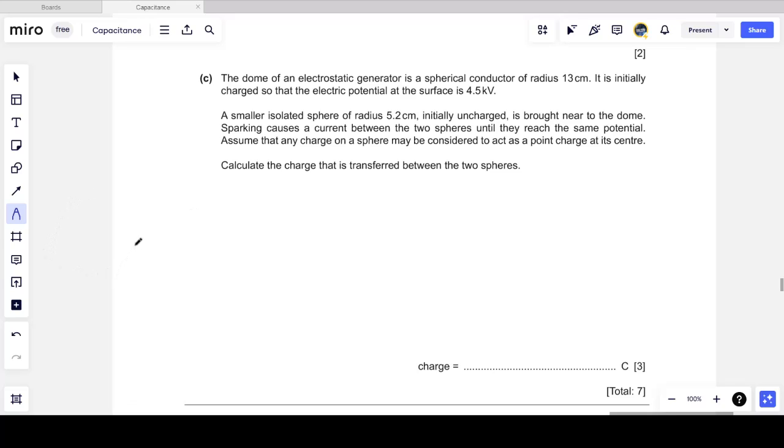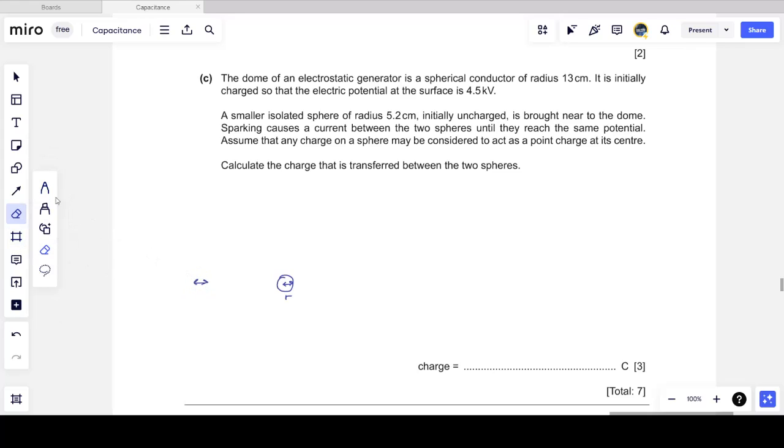I find this question quite tricky, actually. To help me understand it, I'm going to draw a diagram. I'm going to draw the large sphere, again, very poorly, but you can understand that it looks spherical-ish. The large sphere has a radius big R, and the small sphere has a radius little r.